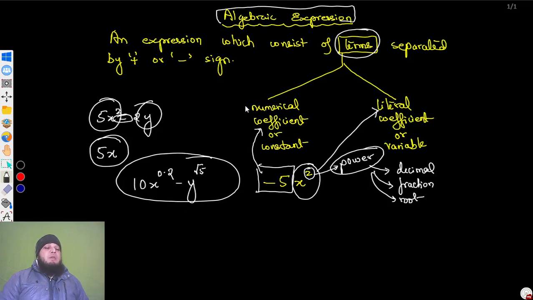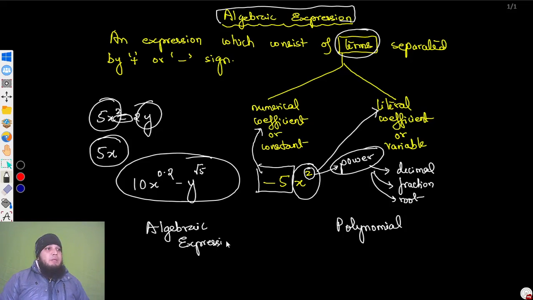Now, you will ask, sir, what is the difference between polynomial and algebraic expression? A polynomial is also an algebraic expression, but one in which the powers are only whole numbers.